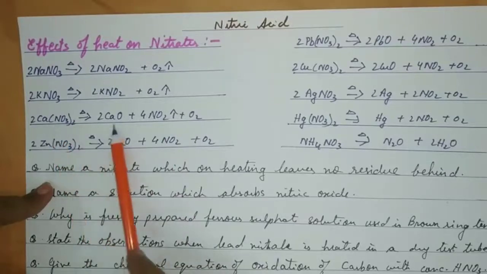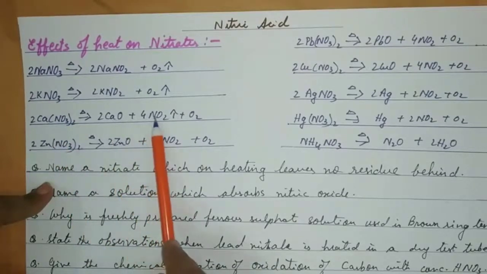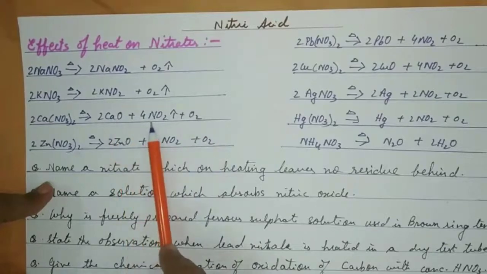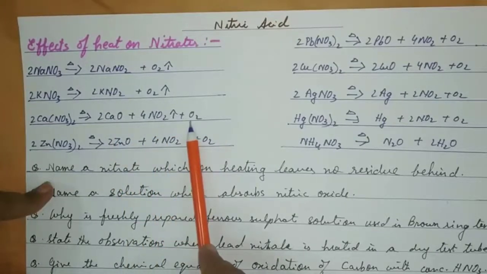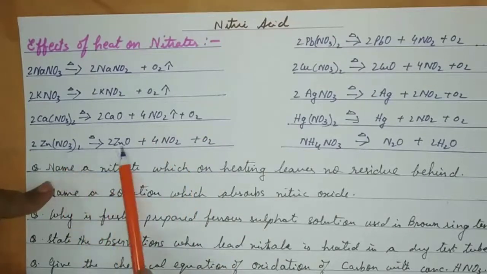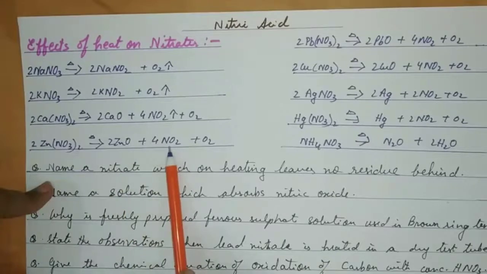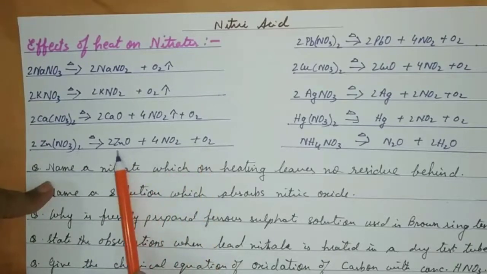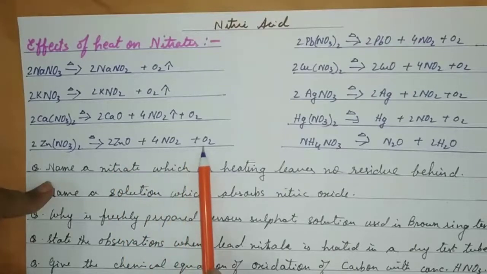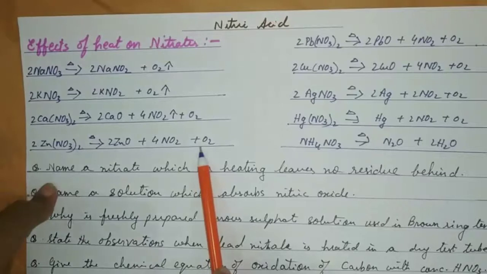Calcium nitrate will give you calcium oxide, nitrogen dioxide and oxygen: white residue, reddish brown colored gas, another gas which will rekindle the glowing splinter. Zinc nitrate will give you zinc oxide, nitrogen dioxide and oxygen: a residue which is yellow when hot and white when cold, a reddish brown colored gas, and another gas which will rekindle the glowing splinter.